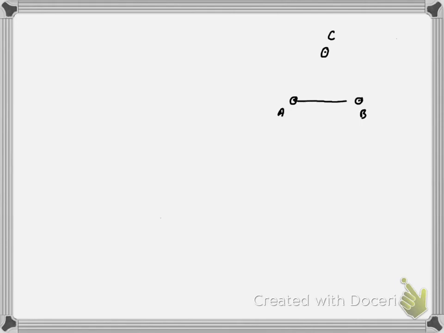First we find the vector from A to B, then we find the vector from A to C. The parallelogram formed by these vectors is actually like this. Now half of the area of the parallelogram gives us the area of triangle ABC.